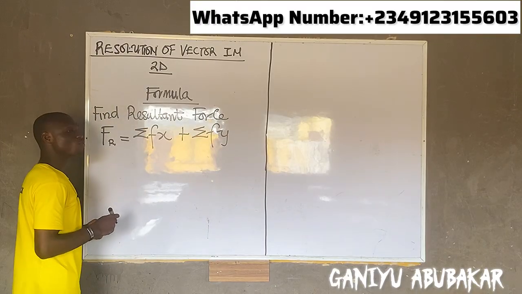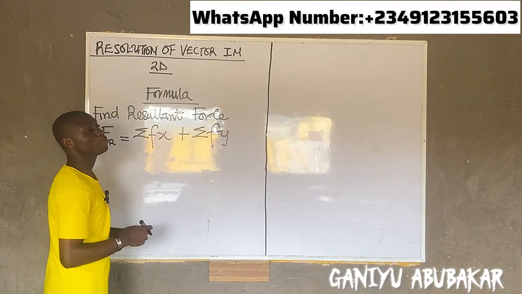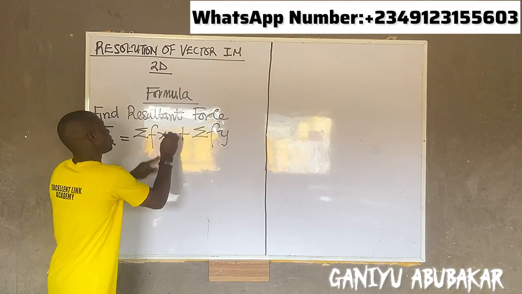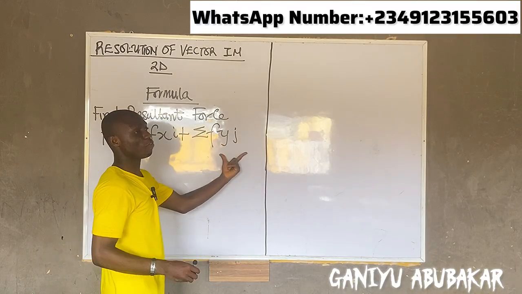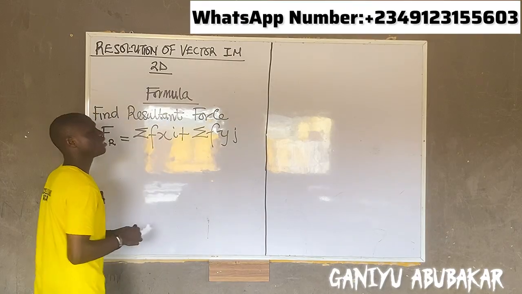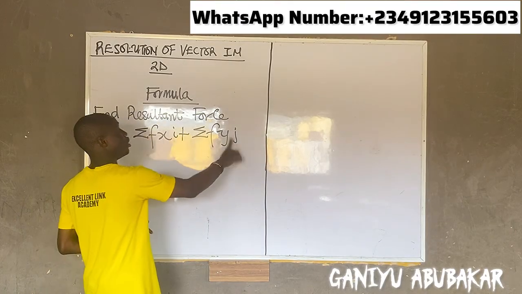But if you are asked to express it in terms of vector, here becomes i, here becomes j. This is in vector form. But if you're not asked to put it in vector form, erase i and j.